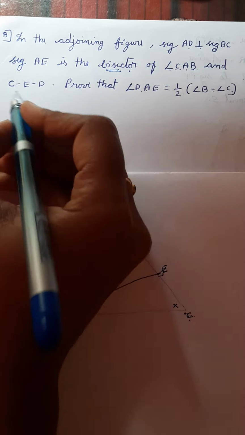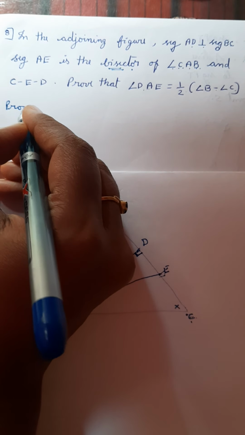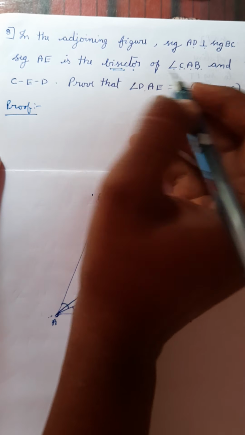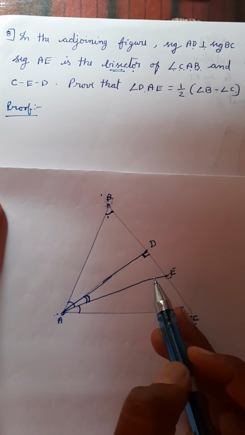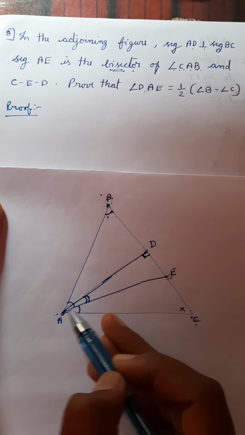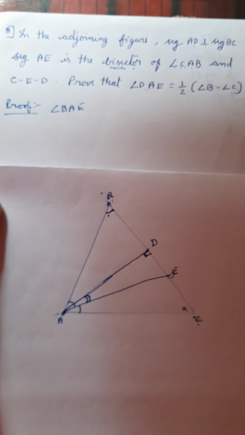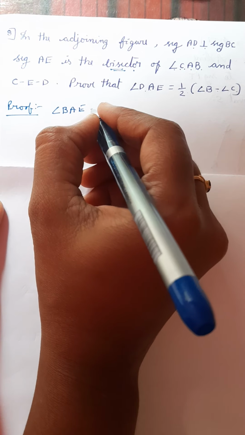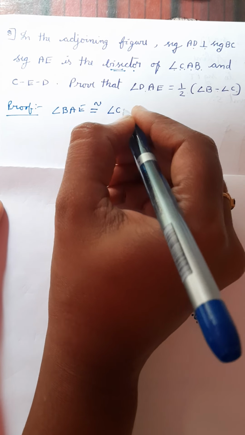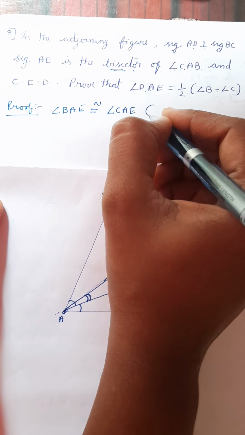So accordingly we will write the proof. Start from the bisector of CAB. In this, angle BAE is congruent to angle CAE.